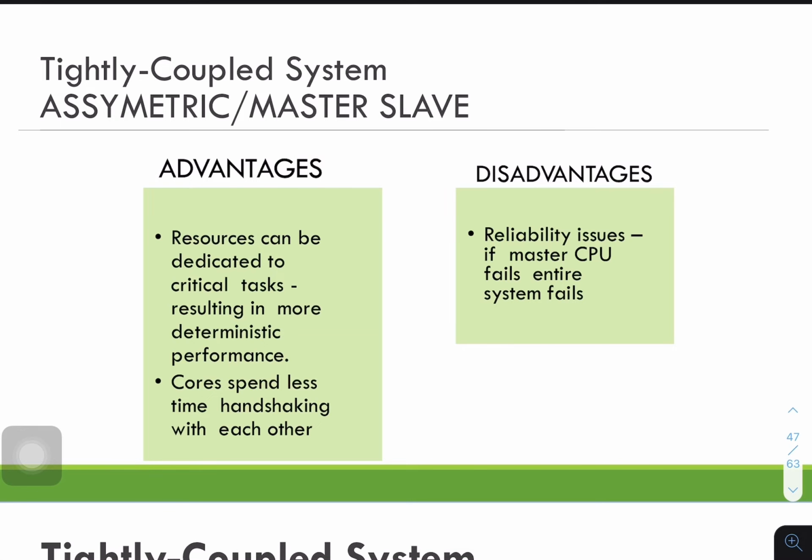Okay, dan dia akan ada less handshaking. Handshaking ni adalah proses di mana the CPU ataupun the resources ataupun devices ni dia nak berhubung antara satu sama lain, so dia kena buat handshaking. Jadi apabila CPU ni dah menggunakan resource yang sama dengan menggunakan channel yang sama, so dia tak perlu pergi kepada handshaking dululah.